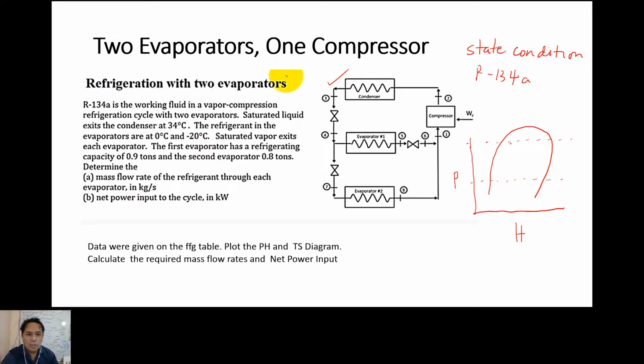Because we know that the condenser is somewhere here at the top and the evaporator is at the bottom. So at the back of your mind, you know that this is the high pressure line, and this is the low pressure line, because high pressure involves the condenser and low pressure involves the evaporator.